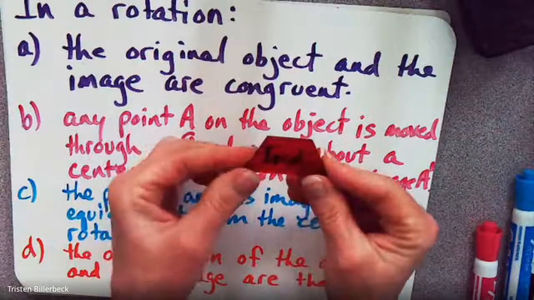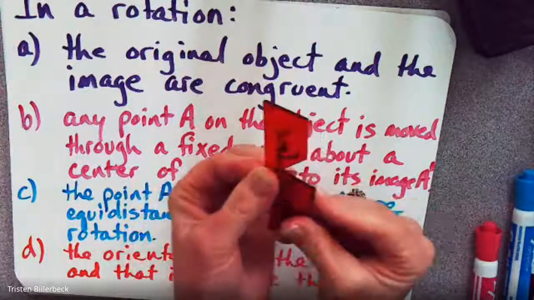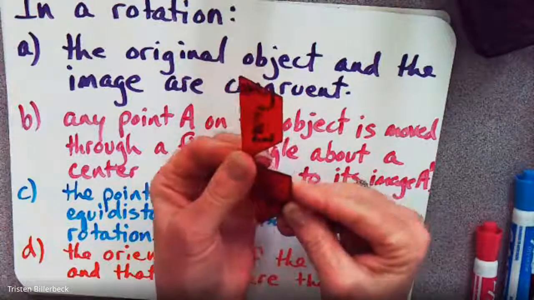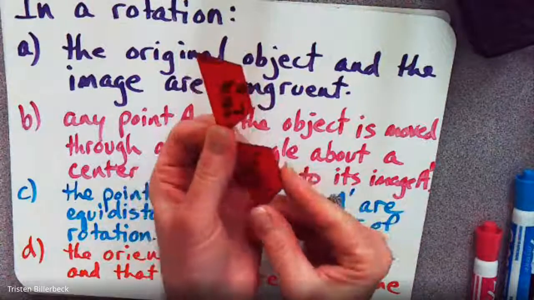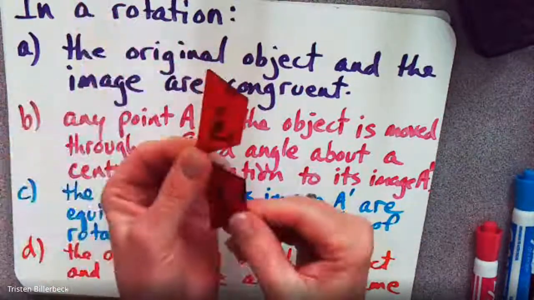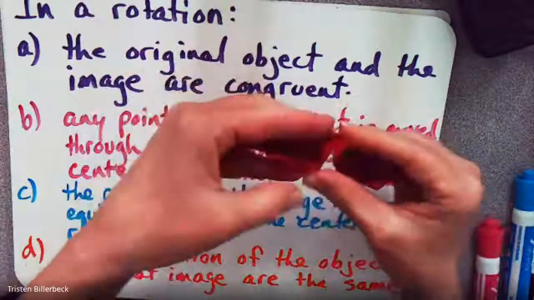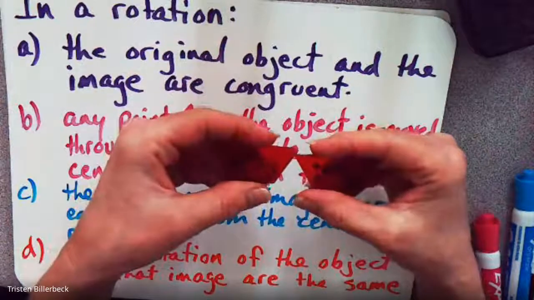Now if I was dealing with a reflection like that, those would be slightly different orientations. So if you can see the reflection there, that's a reflection.